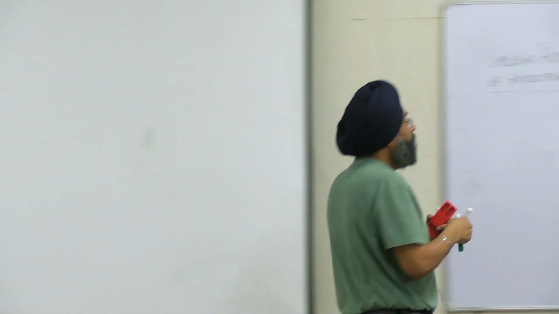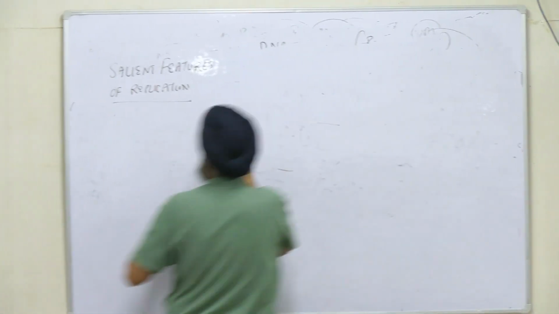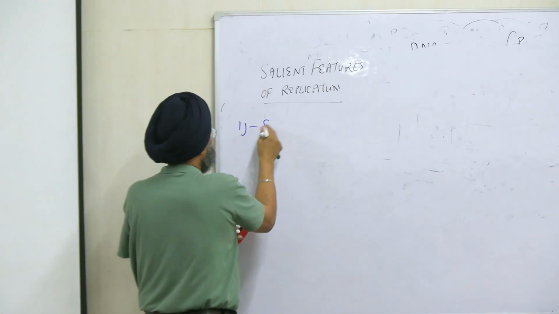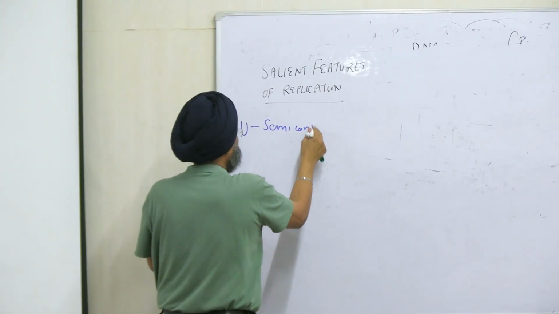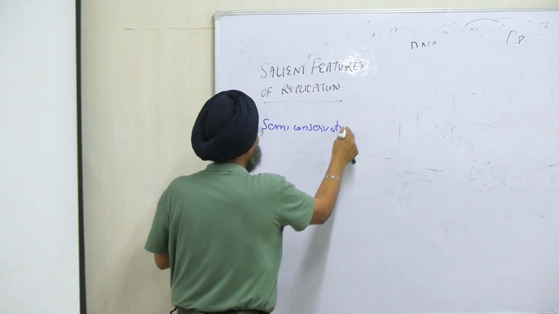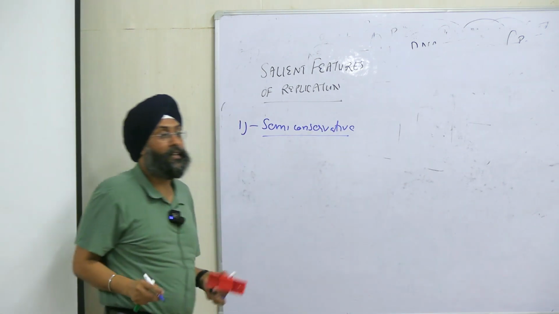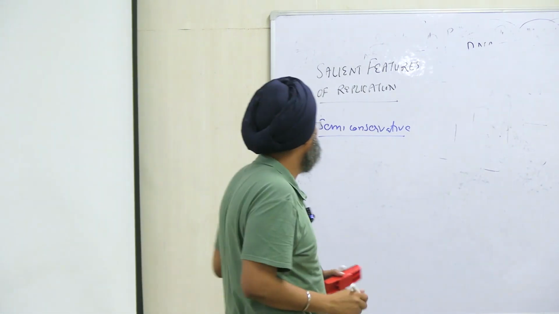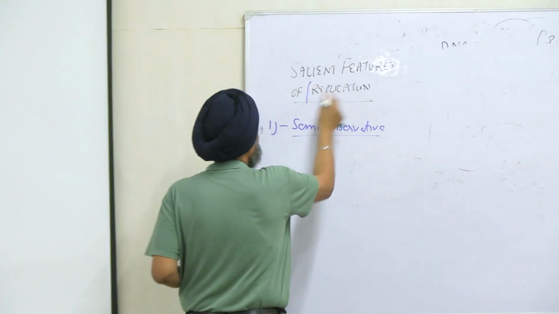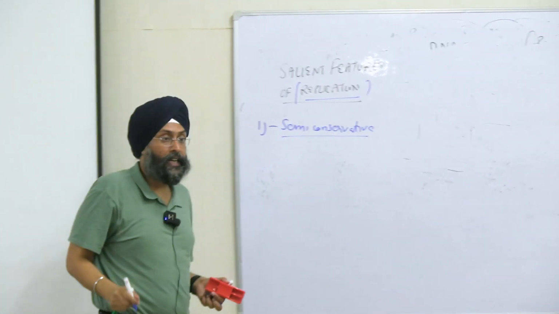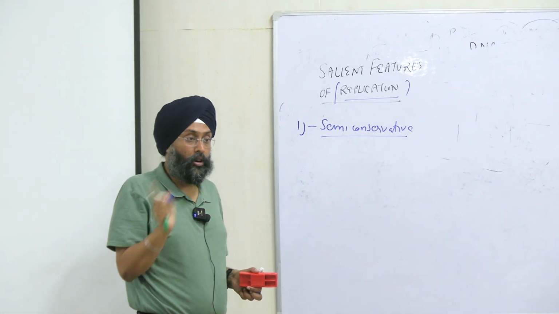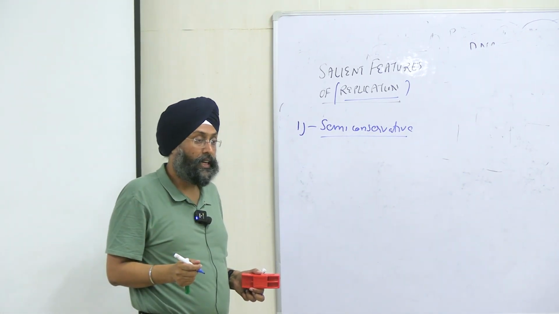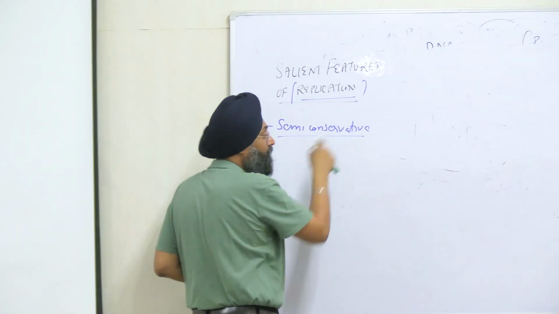The first feature is that it is semi-conservative. What does it mean? We are doing replication, right? That means we are forming daughter DNAs from parent DNA, right? And the first feature is that it is semi-conservative.